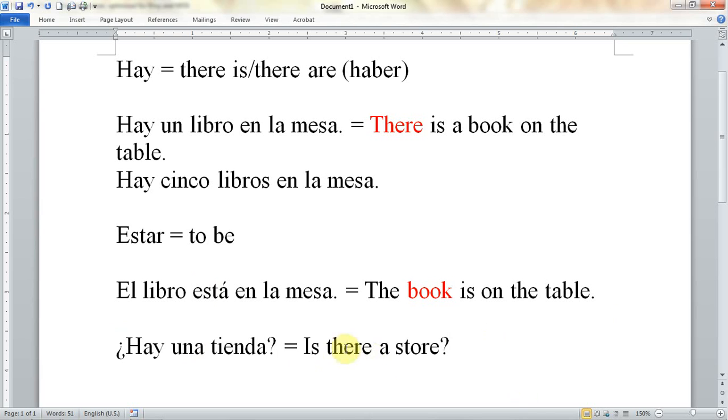Okay. But if you expect that despite being a small place, there's going to be more than one store, then you would say, hay unas tiendas, or hay tiendas.